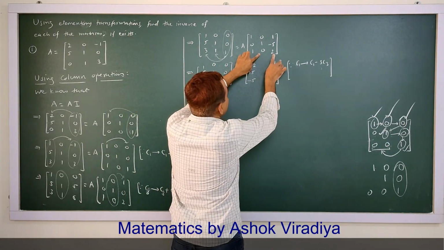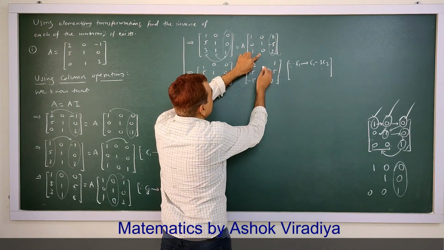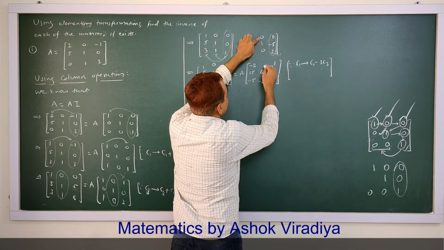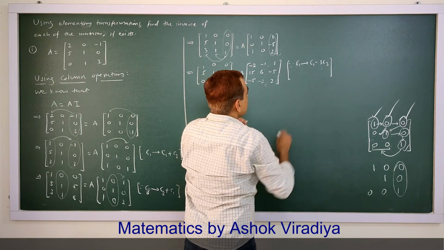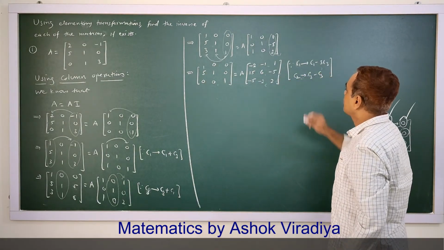So here, subtracting this value, this column in the second column, here minus 2, this will be 6, this will be minus 1. So that means the change is in the second column. In the second column, the third column is subtracted.